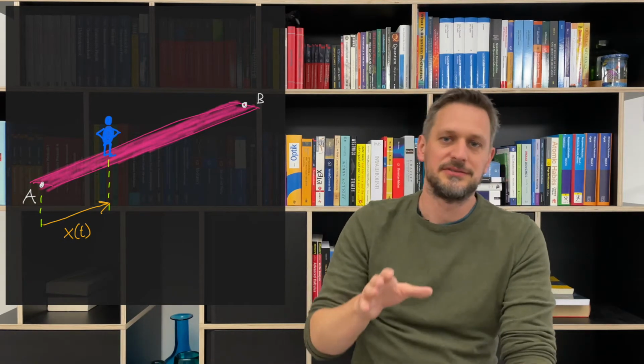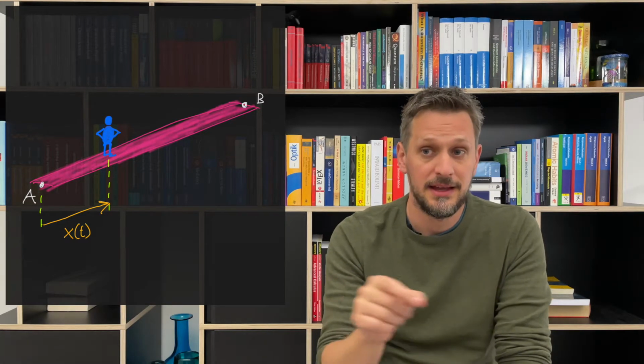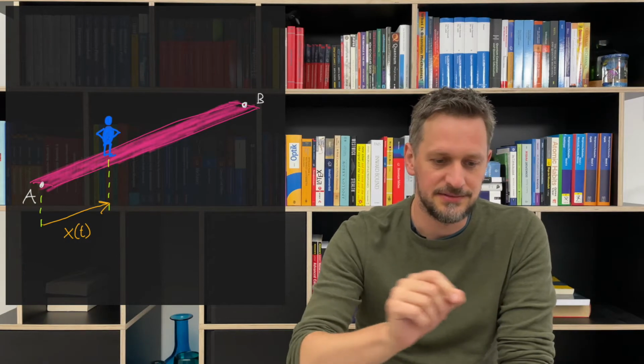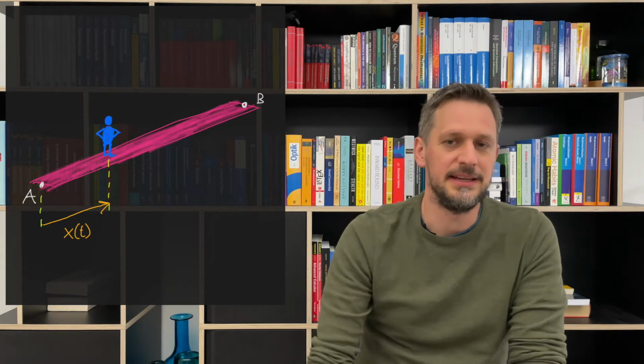Consequently, x of t will denote the position of the hero along the belt, and x dot of t will be his velocity measured towards point B, away from the fixed point. And that's already where we're going to start formulating the first equation. The velocity of the person has two components.